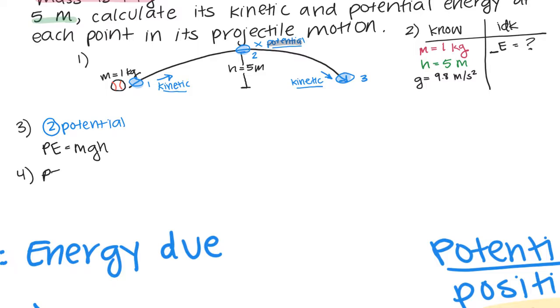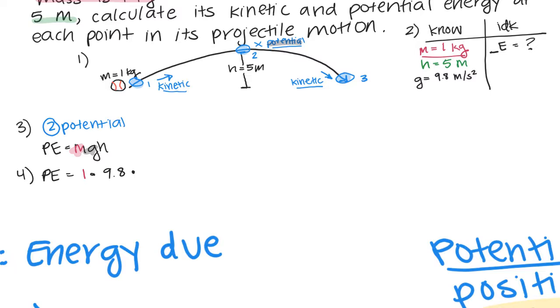I'm going to leave potential energy here as is because we're still solving for that. I'm going to plug in my number for mass here, which I know from over here is 1 kilogram. Multiply that by 9.8, which is our acceleration due to gravity, and that is also equal to g.